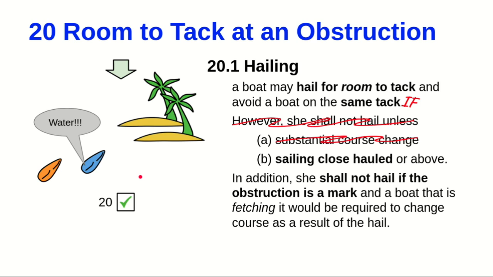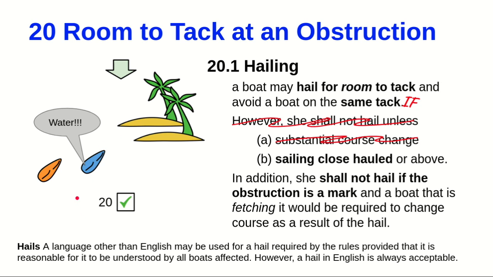which in Australia at least quite often comes in the form of one boat shouting water, which is not a hail defined in the rules. It's just commonly known that when you shout water, it means you're running out of depth and you need more water. It really applies better to Rule 19, but it's quite often the hail that's used in this situation. Now, the new version of the rules makes it a little bit less strict how you hail, specifically in terms of language.